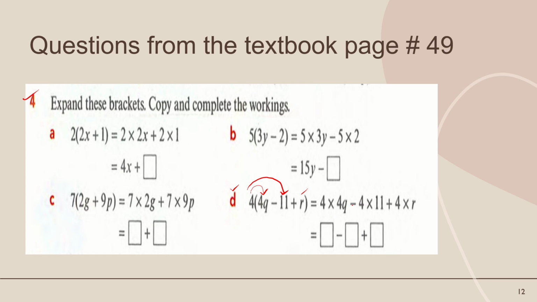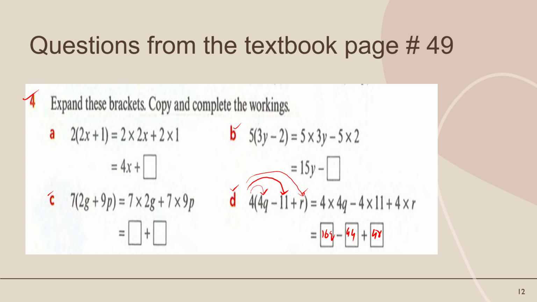Here is a minus, so write minus here. Now use the arc for the third number, 4 into r. 4 times 4 is 16, and which variable will you write here? 16 cube, and minus 4 times 11 is minus 44, and 4r means 4 multiplied by r. Clear? So those are the questions on the previous slide.